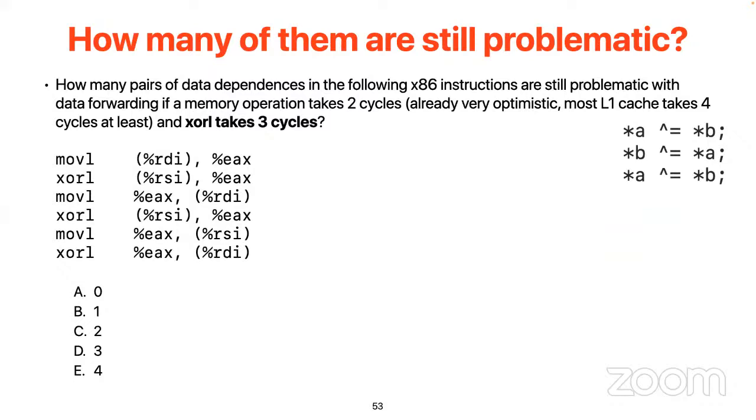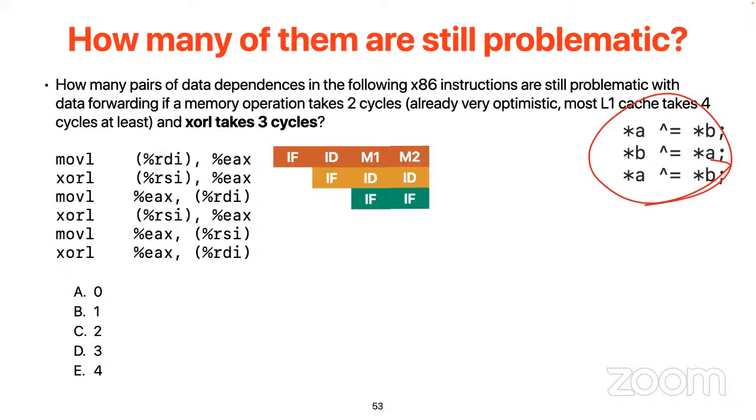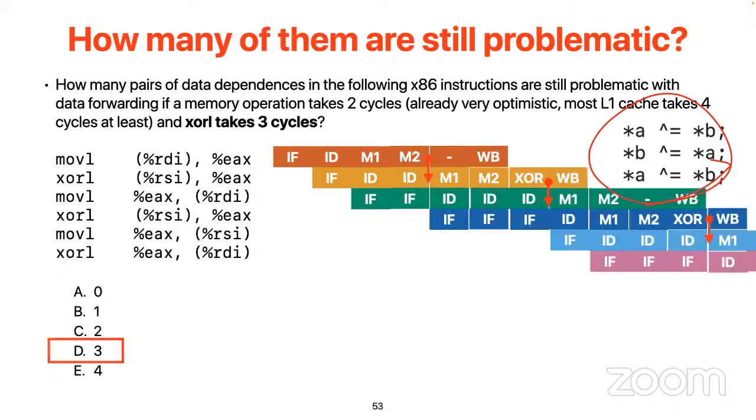for the fancier version of the swap, right, as the exclusive OR takes longer time to generate the result, and the memory also generates the result for the later instruction back to back. So it turns out there are 3 places, or say 3 pairs of instructions, that still cause the data hazard to occur, meaning that at this time, when we want the result, it's not ready, so we have to stall one cycle.